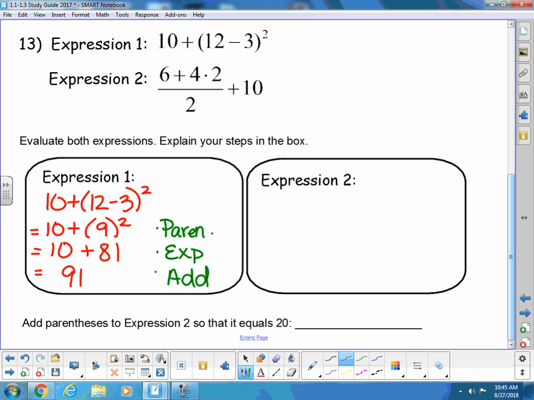Expression 2, same idea. Original problem. First step, what would you do? Multiplication would be first. 6 plus 8. Want to simplify that whole numerator. Then, for that, add the 6 and the 8.